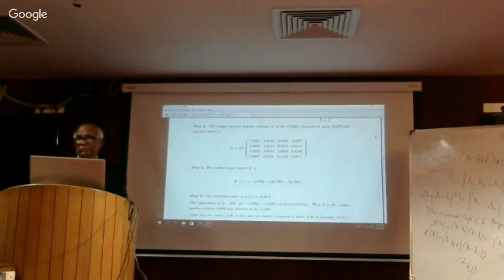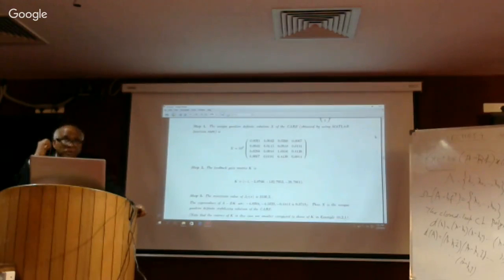That shows, and it can be shown also mathematically, that the LQ approach to stabilize the system is computationally much more attractive than the Lyapunov approach. Of course, you have to solve a Riccati equation in this case, and solving a Riccati equation is much more expensive than solving the Lyapunov equation.